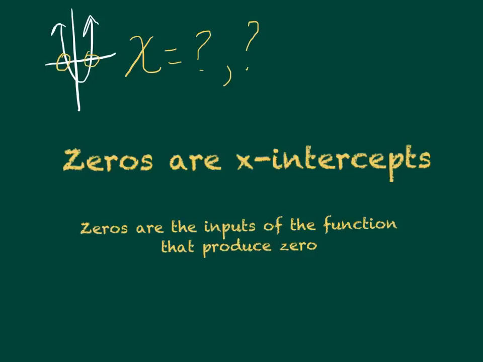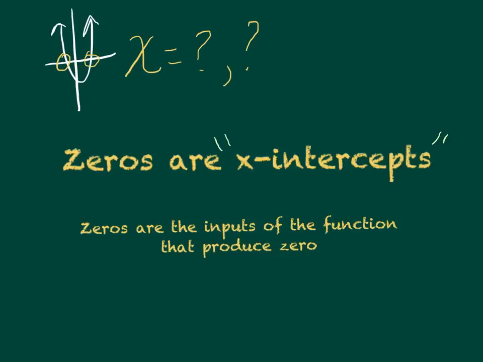Now for the zeros. Okay, we're moving back to 0. The zeros are the inputs of the function that produce 0. That's why you can say that zeros are basically x-intercepts. But instead of x-intercepts every single time, think of x-intercepts in quotes, because what if there are no x-intercepts?